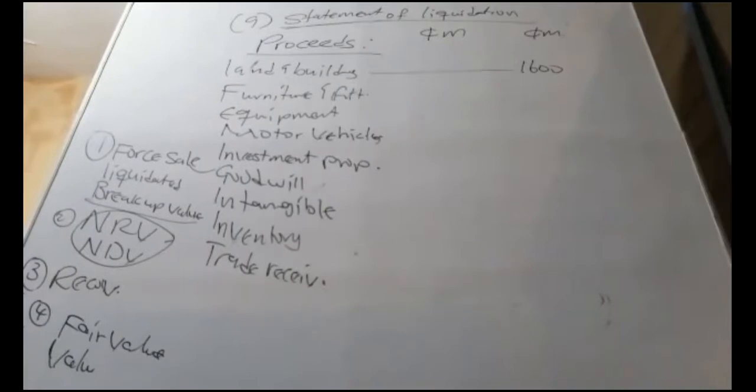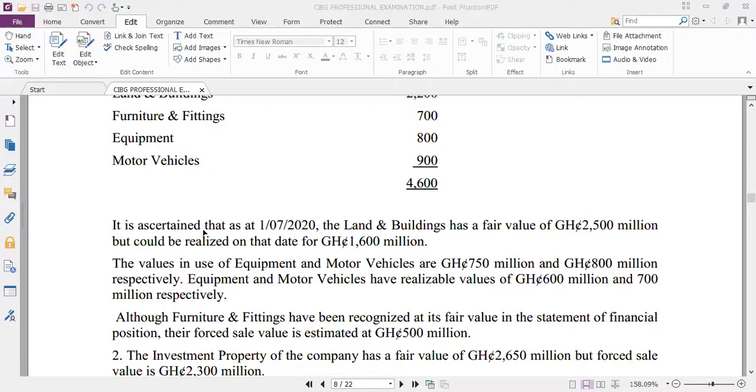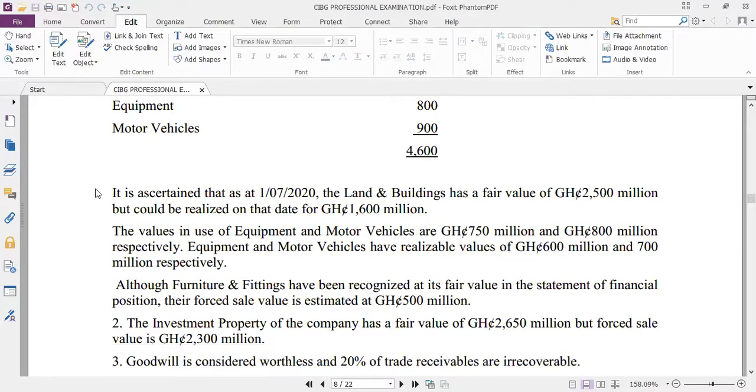Then you continue on the game. So let's see. The value in use of equipment and motor vehicles are 750 and 800 respectively. Equipment and motor vehicles have realizable values of 600 and 700.